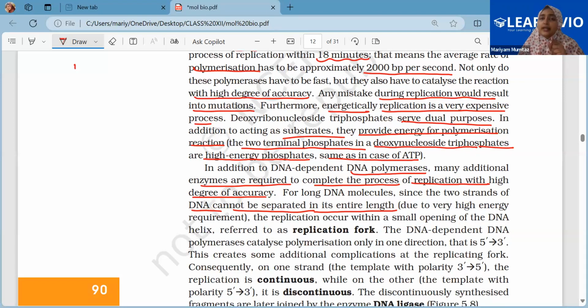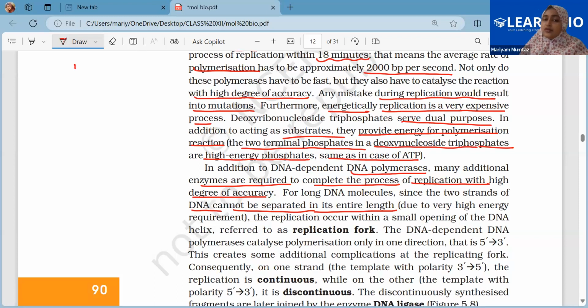If we try to open such a long DNA all at once, it will be impossible. Like, for example, people that have long hair and have made plaits: when they want to open their hair, they do it slowly, right? They can't just do it from the base and then it will be open. That's not possible because the length is long. Same thing happens for DNA. So DNA does not open the entire length all at once. It opens part by part.